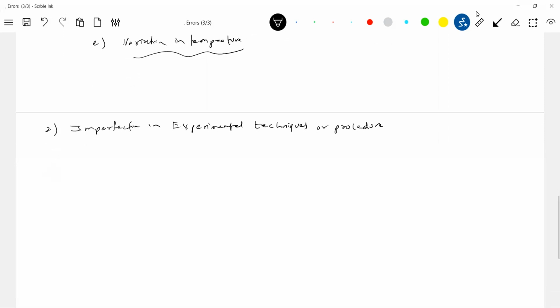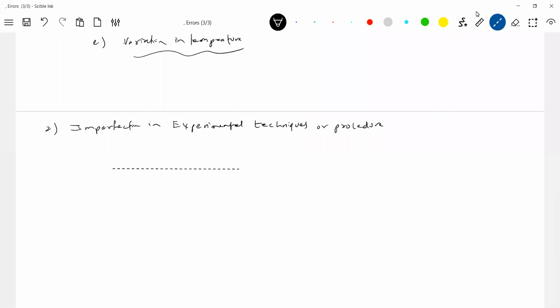The best example, I will take the simple pendulum. You are all aware of that. There's a simple pendulum, there's a bob, there's a string.